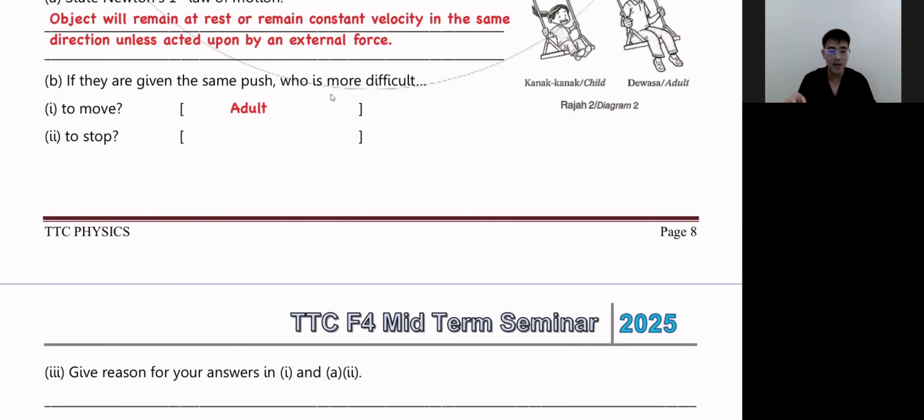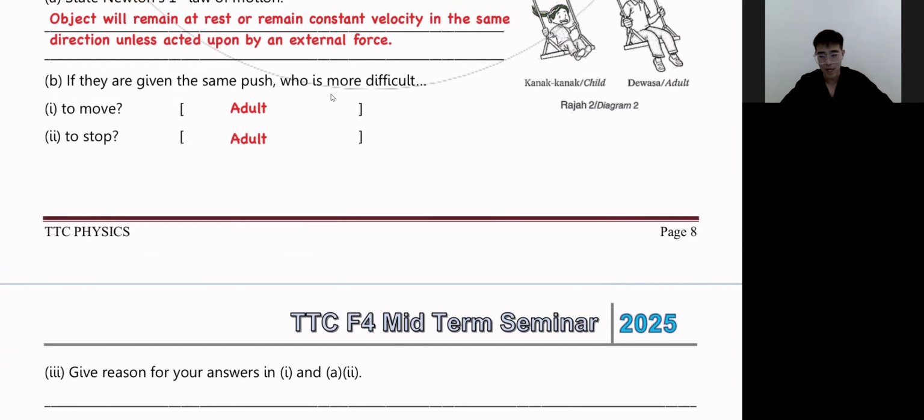So when the adult is at rest at first, if you want to push it, it will be harder to push because, like I said, when the mass of the object increases, it will be harder to move. Same thing: if the object is harder to move, the object will also be harder to stop.